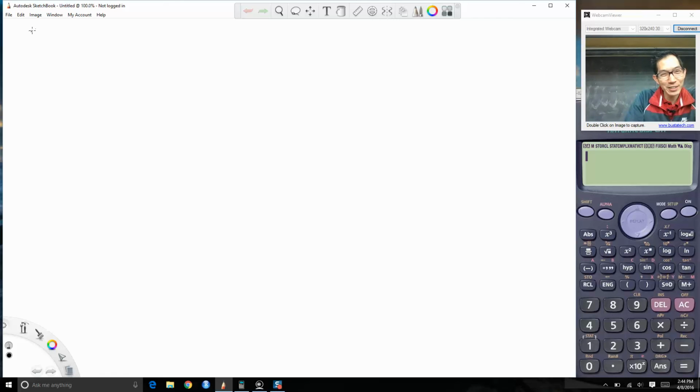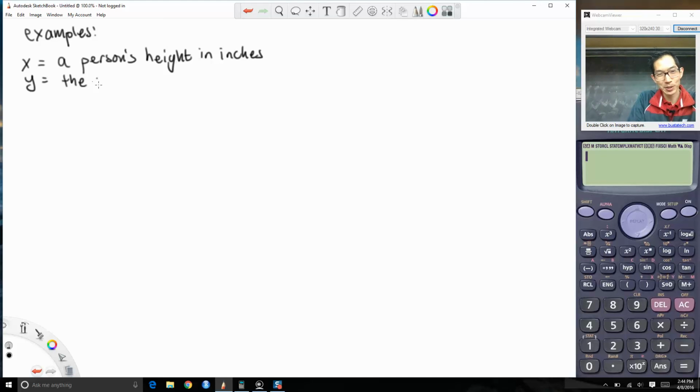Okay, so let me just give you a few examples. Let's say for x, we will measure a person's height in inches, and y will be the same person's height in centimeters, okay?